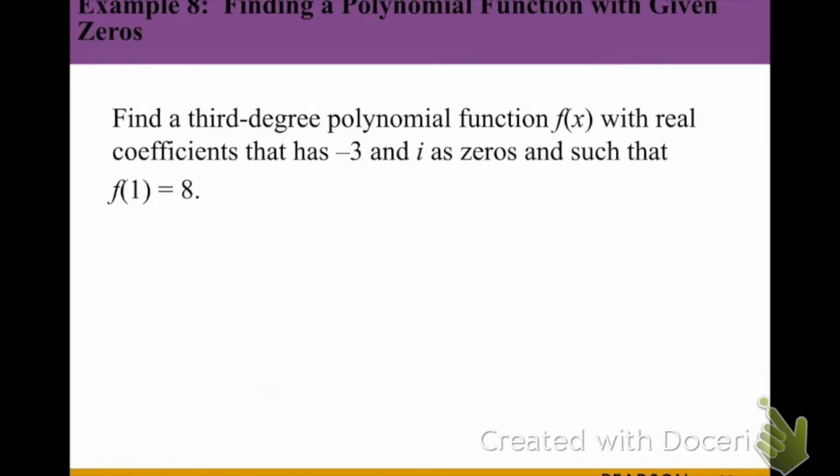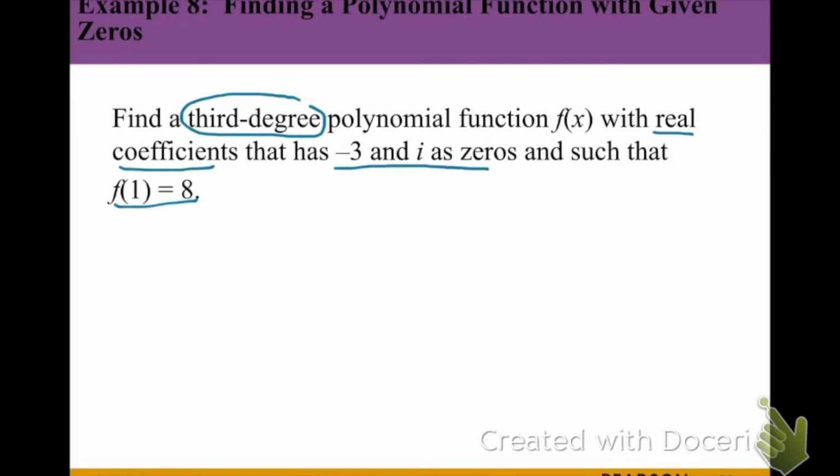For example, if we wanted to find a third degree polynomial with real coefficients that has -3 and i as zeros, but we also want the stipulation that f of 1 is equal to 8, we can use that linear factorization theorem to help us here. We're always going to start with the zeros.